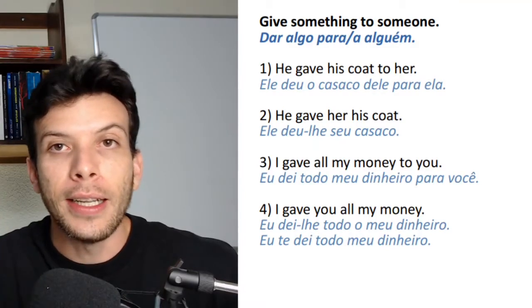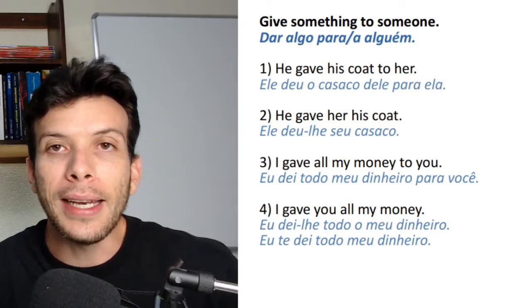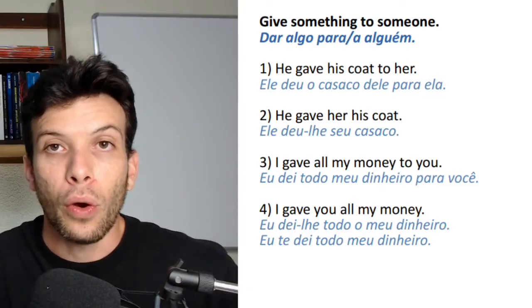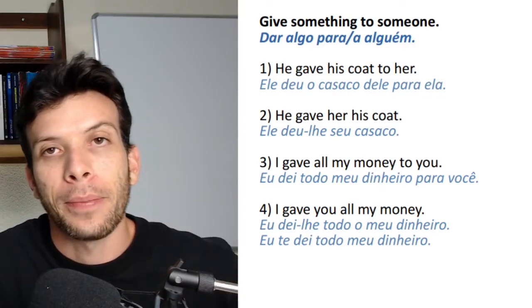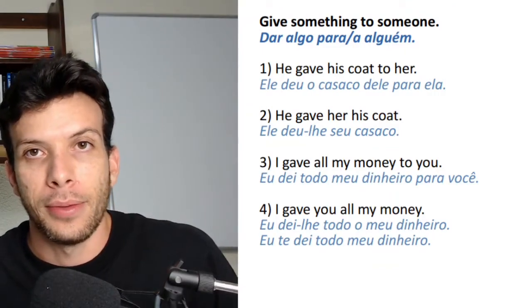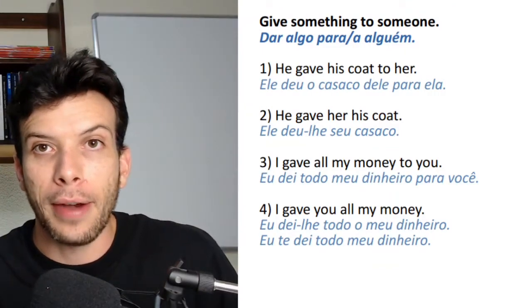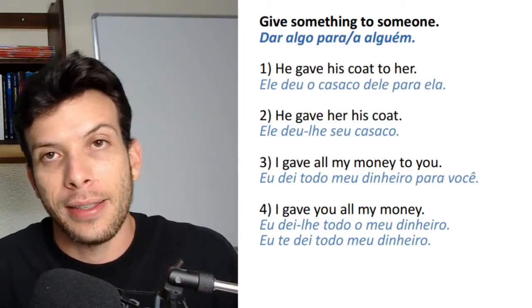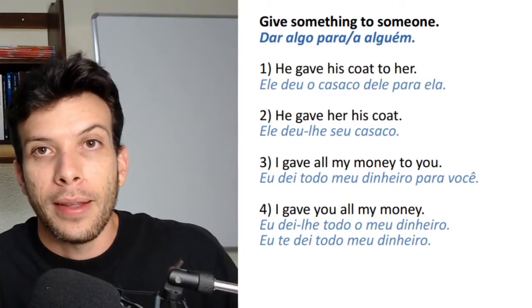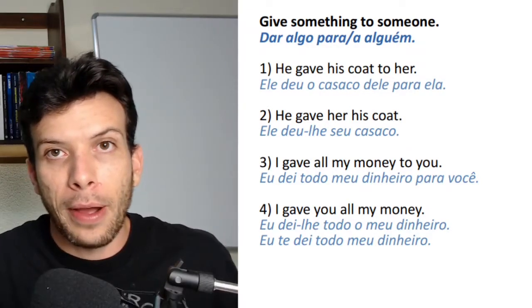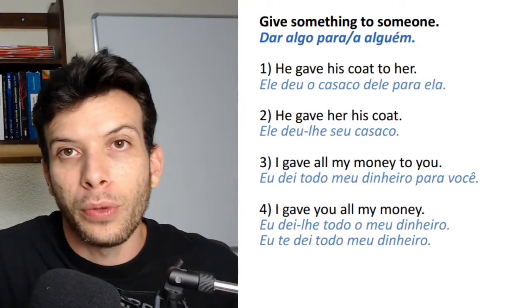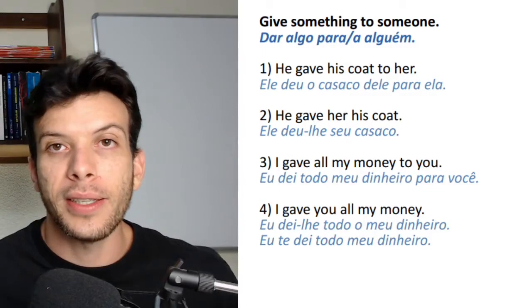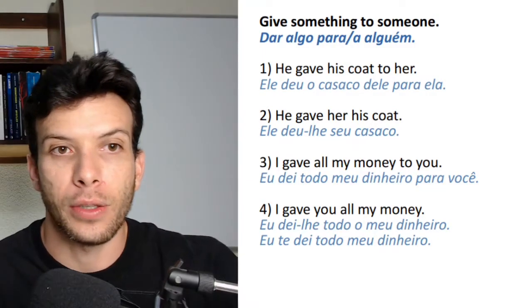Or also plural: eles, elas, which means in English, they, right? Eles, elas, vocês. In that case, when I'm talking about plural, I need to add the letter S to the pronoun, so it will turn into lhes. We're going to see some examples using it as well.